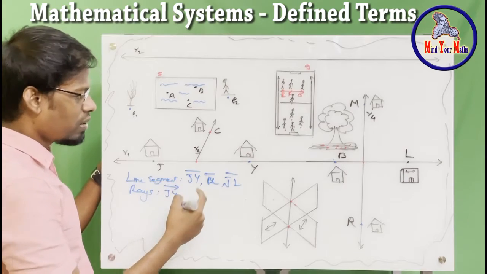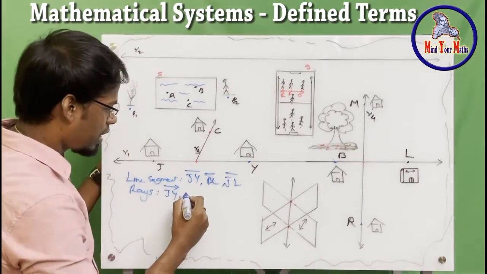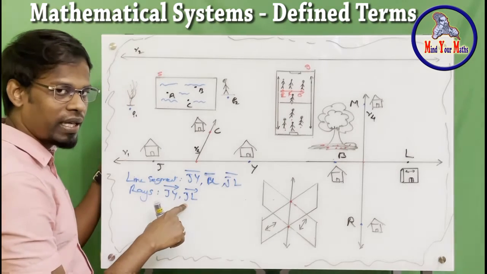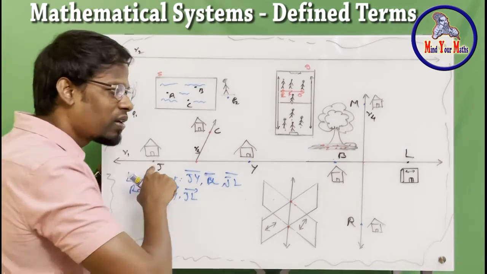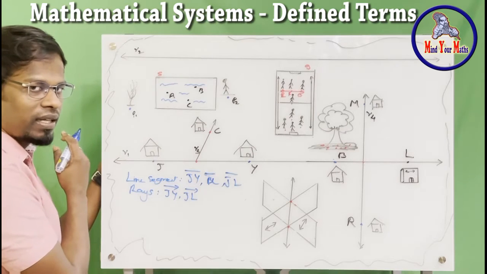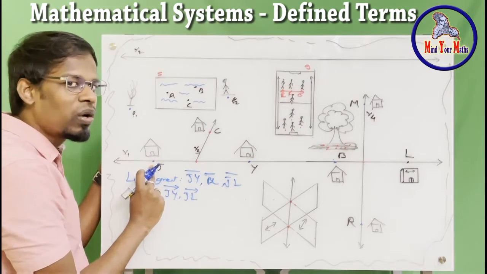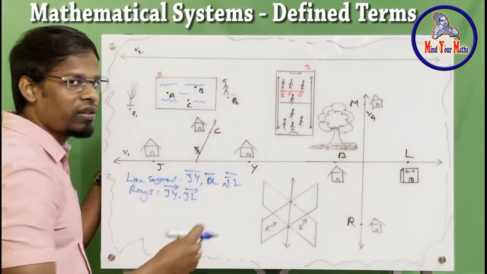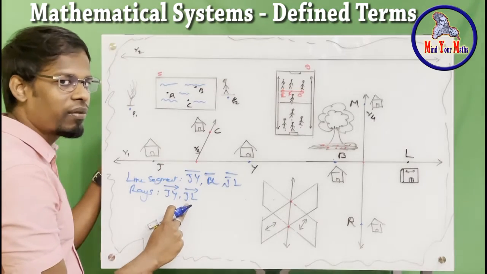Now you can pick YB or JL also. Let's say JL. If we want to use J as a starting point, and it is a ray, then it starts from J and goes towards this side. We are not worried about this side part of the line. We are worried about only the starting point. It can be any point, even Y, B, L, anything that you can take, but you just need to take another point to represent the ray.